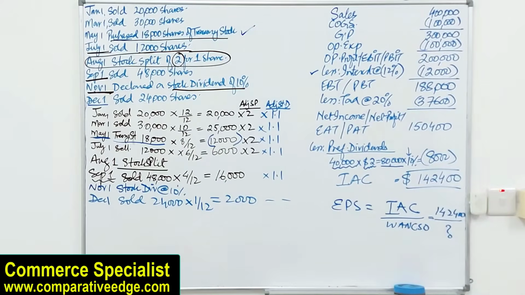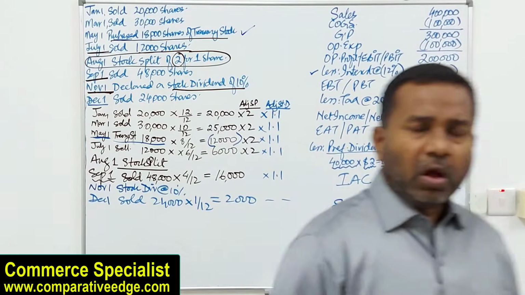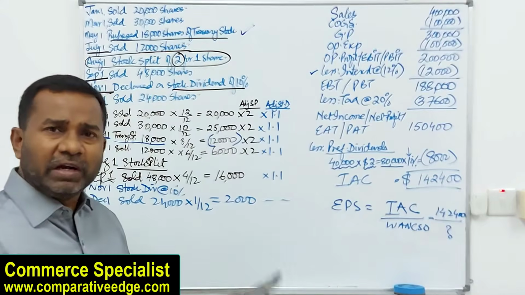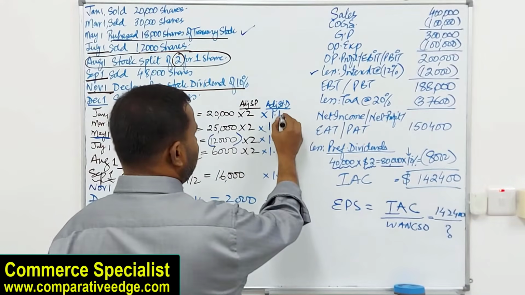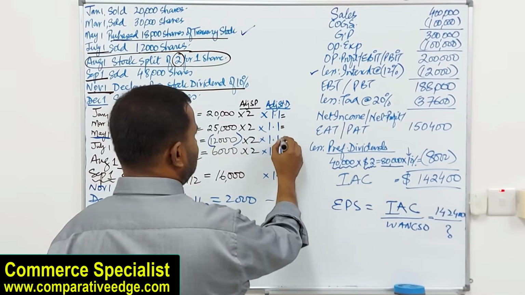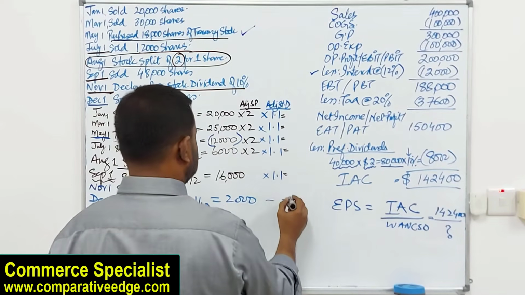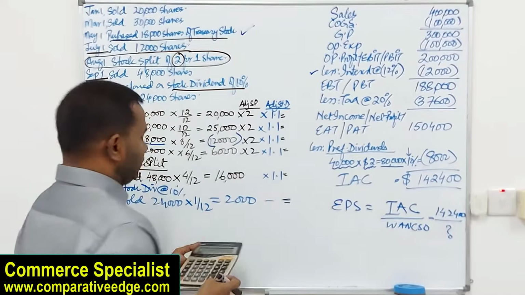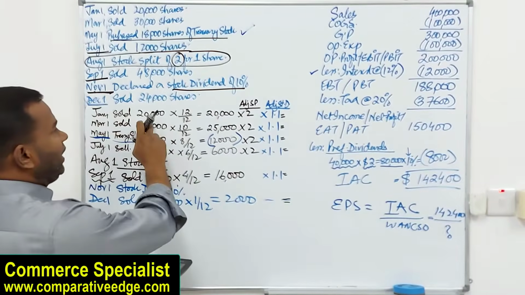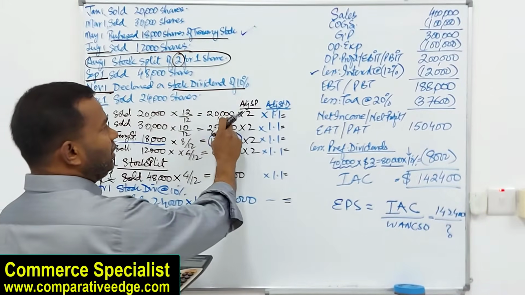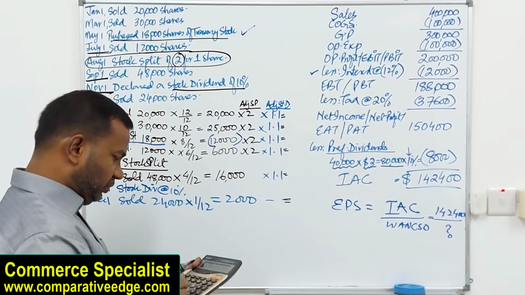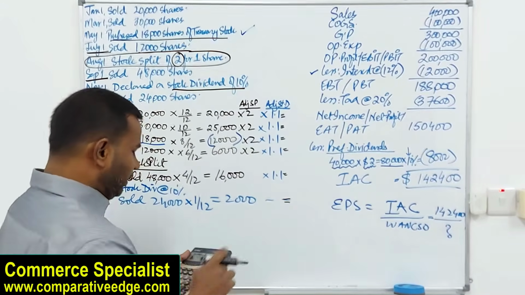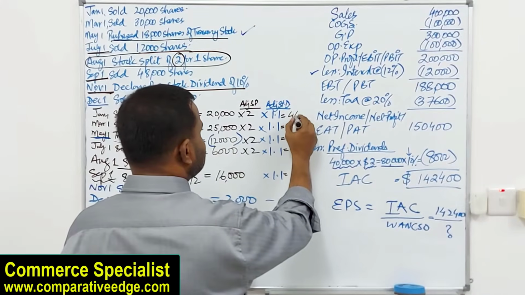Finally, we have to multiply all these shares to work out the weighted average number of common shares. I don't have space here, so excuse me, I'm going to write a little small. So guys, 20,000 into the fraction is 20,000 into 2 into 1.1. So 20,000 into 2 into 1.1 gives me 44,000 shares.